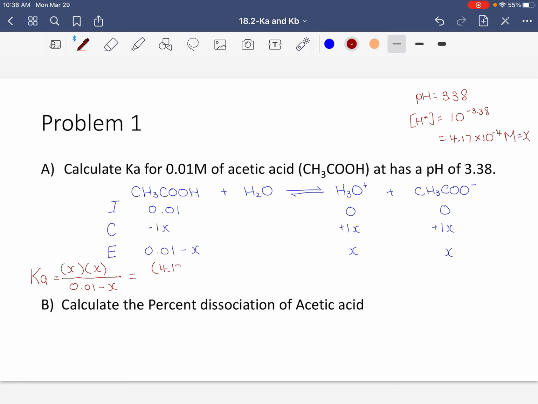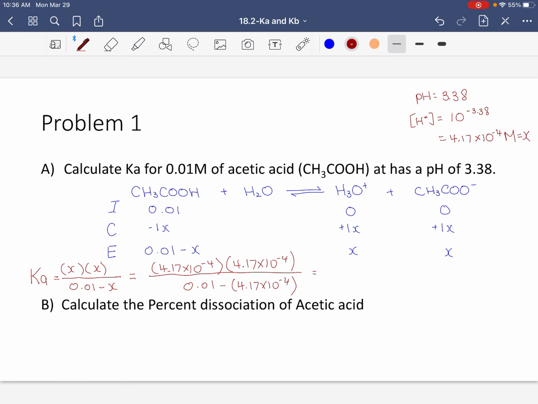All right, so let's plug that number in. So 4.17 times 10 to the power of negative 4 times 4.17 times 10 to the power of negative 4, divided by 0.01 minus 4.17 times 10 to the power of negative 4. When you're punching this into a calculator, it's very important that you put those brackets to keep things organized.